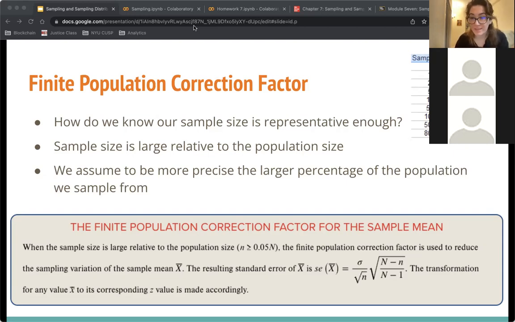So just back to that last example, as we increase the sample from 1 to 4, we are becoming more precise in our measurement of the overall population. And we can use something like this to actually measure that precision increase.